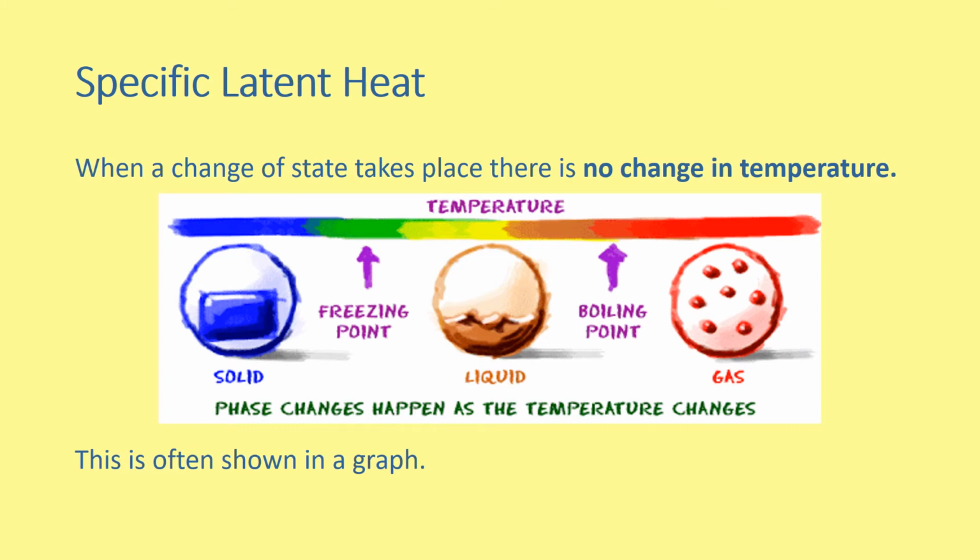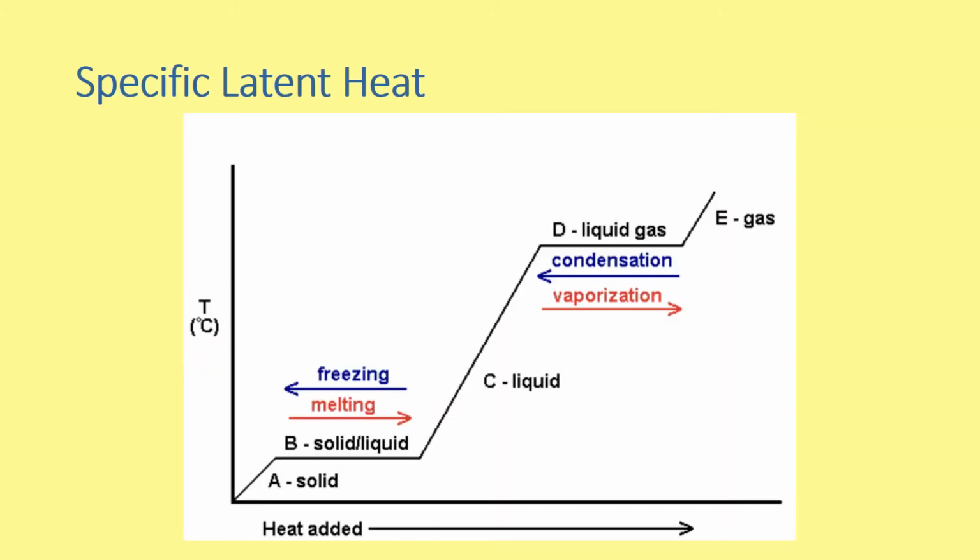The next slide will show you a graph which represents this. You should spot that there are only two shapes in the graph, flat and a slope. When the graph is flat, that tells you that a change of state is taking place.